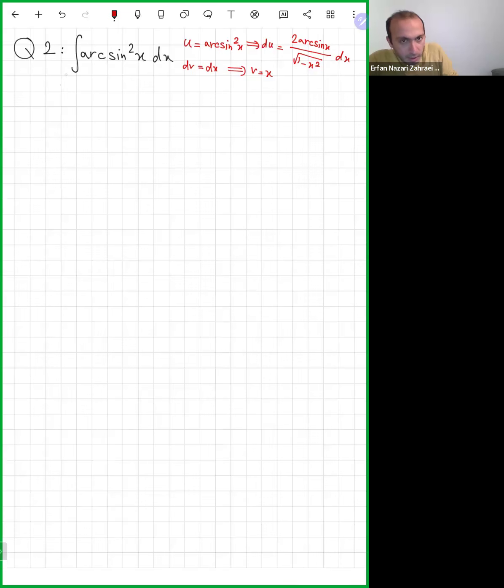Now applying the integration by parts. I have uv this times this, which is x arc sine squared x minus v du.